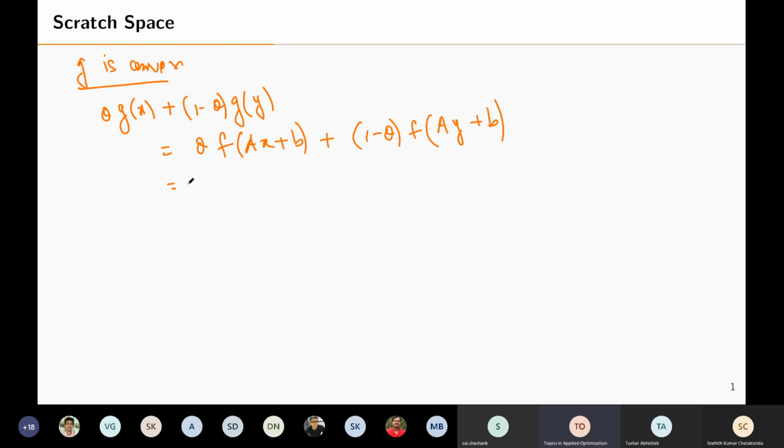But the function f is a convex function. So theta of f of, let us say, u plus 1 minus theta of f of v will be greater than or equal to f of theta u plus 1 minus theta v, right?